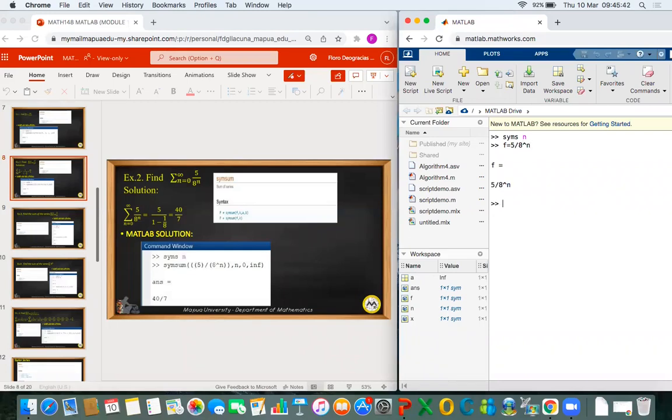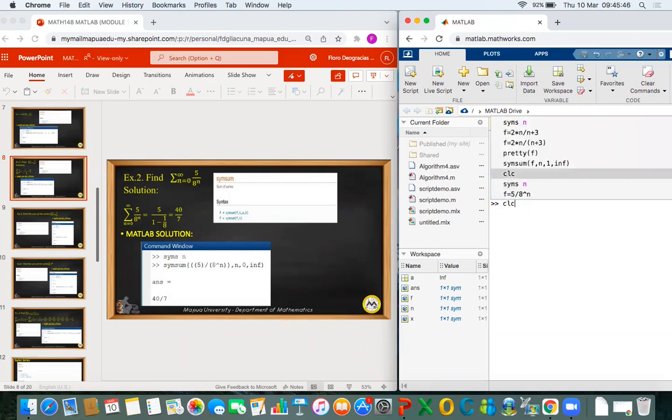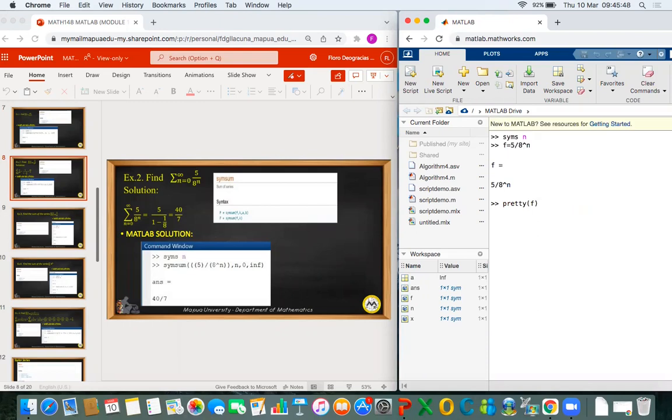Okay, let us check if it resembles the given problem, class. So we use pretty. So same, class, no? So with that, we can now get the sum, using symsum.